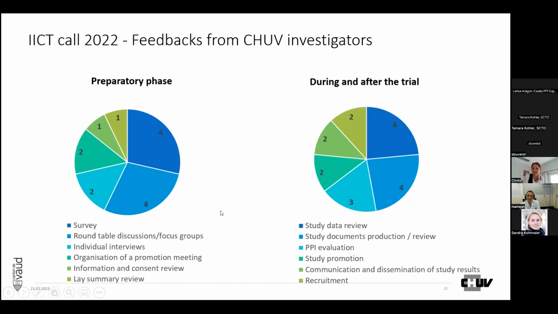What were the actions planned with PPI for during and after the trial for those 6 projects? For 4 of these projects, PPI contributors were planned during the study data review.